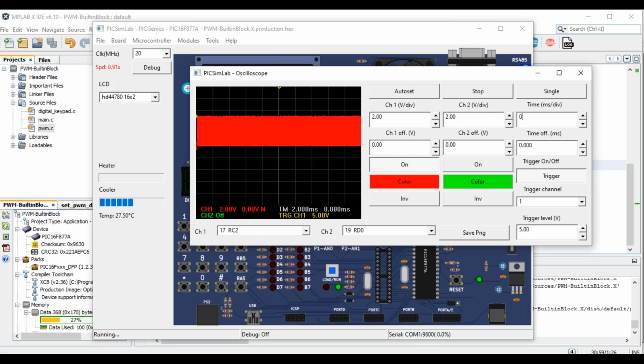Okay, so you can see, let me increase the time. Sorry, decrease the time. Okay, so can you see here, there is one pulse being generated in 0.2 milliseconds. The width of each division here is 0.1 milliseconds. So 0.2 milliseconds is what it takes for a pulse to get generated.